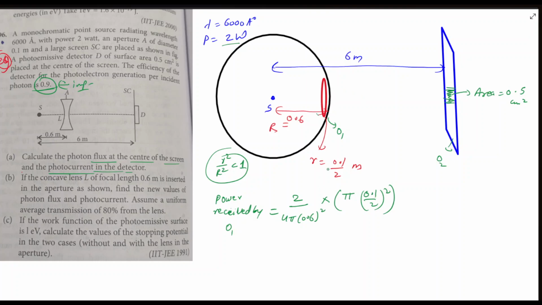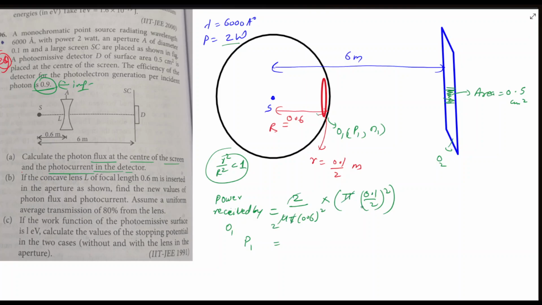So it will receive power. How much? Let's say the O1 will receive power P1, and the number of photons it will receive is N1. So if I cancel it out, how much will you get? Look, pi will get cancelled.